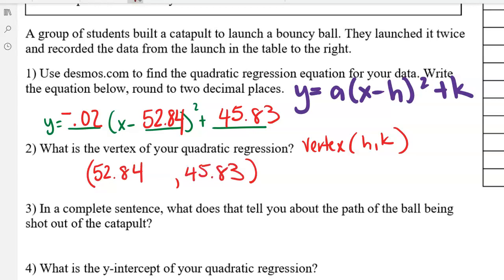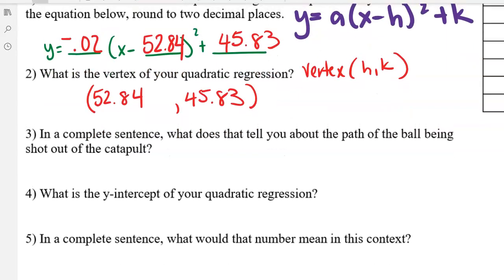Beautiful. Good job. Okay. Now, in a complete sentence, what does that tell you about the path? About the path of the ball being shot out of the catapult. Is it linear, quadratic, or parabolic?